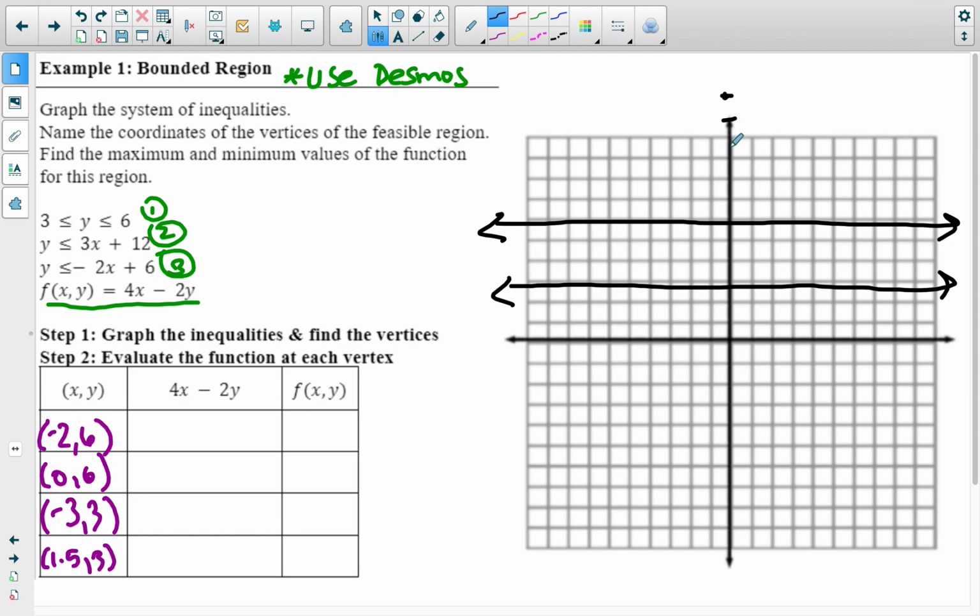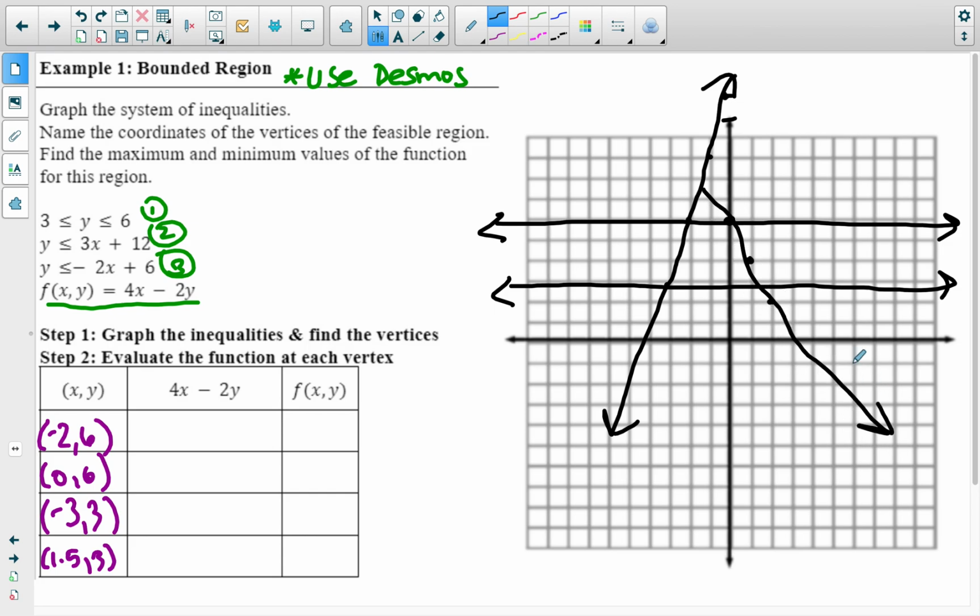We move down 3, right 1, down 3, right 1, down 3, right 1, and we end up with a line that looks something like that. And then our third inequality has a y-intercept up at 6. We move down 2, right 1, down 2, right 1, and just keep going.